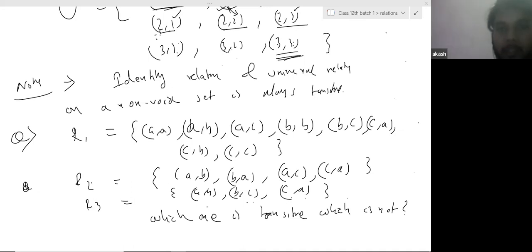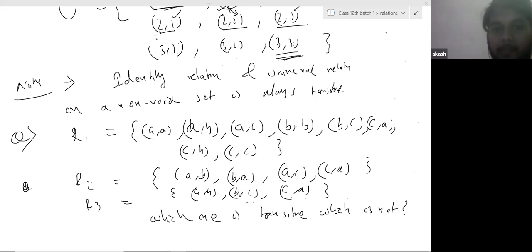I'm telling you again, everyone, please solve this very carefully. All right, all the answers are incorrect. So please carefully check if that is transitive or not. All right, you have to check for each element. Absolutely right, Krishna.